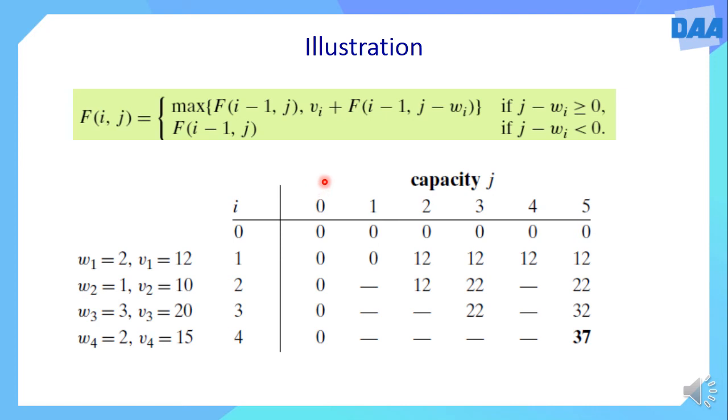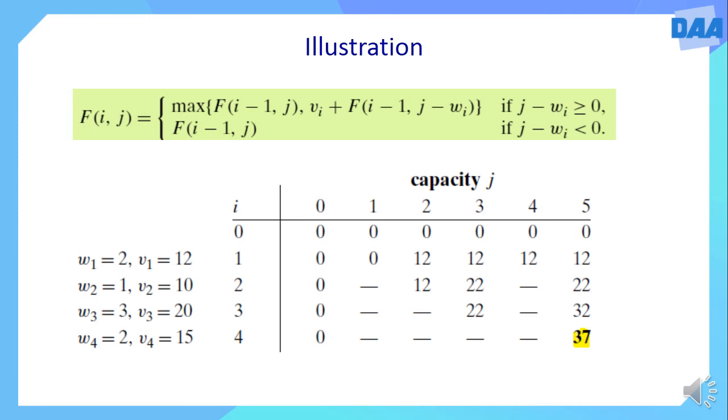Now let us see how this memory function based knapsack problem works. F of ij is initially called for f of 4 5. For this particular place the function call happens. Please note 37 is not computed yet. To compute this value, it will see two locations, f of i minus 1, j and f of i minus 1, j minus wi.